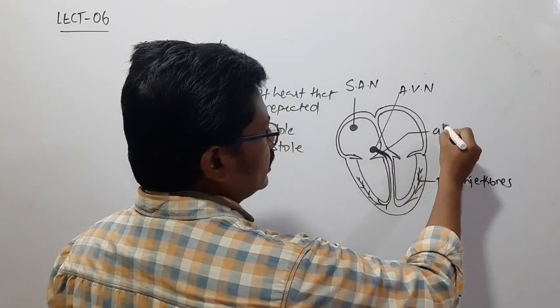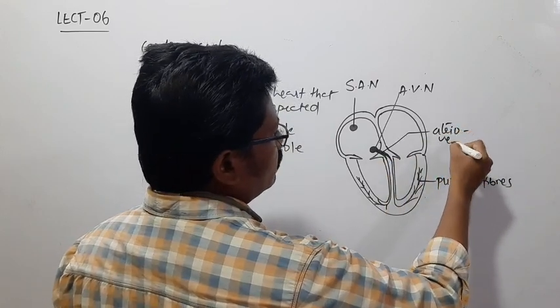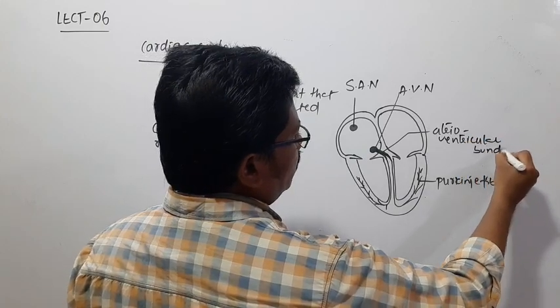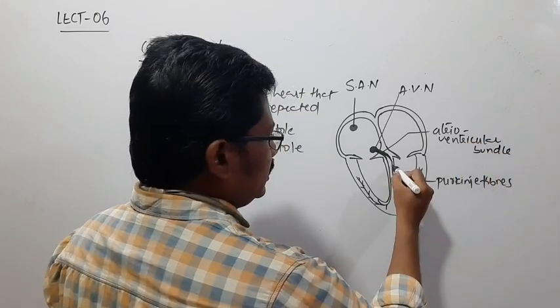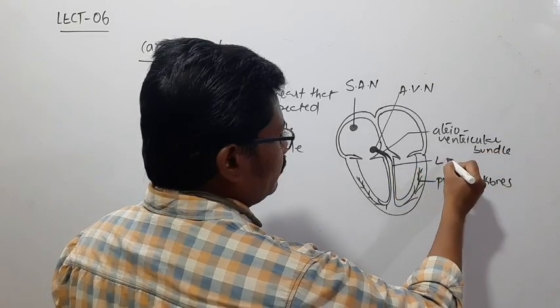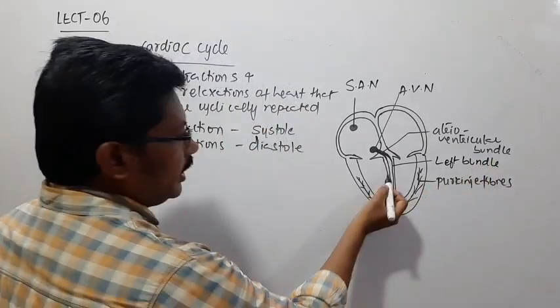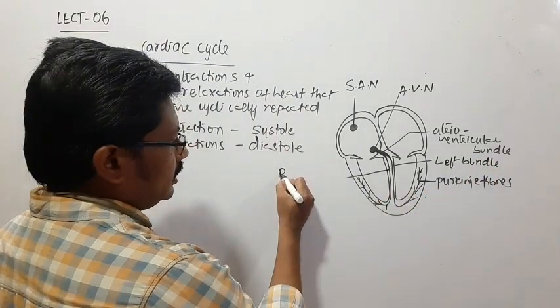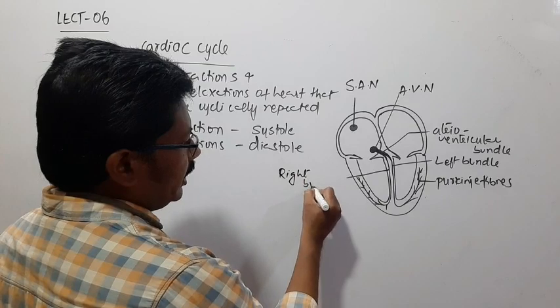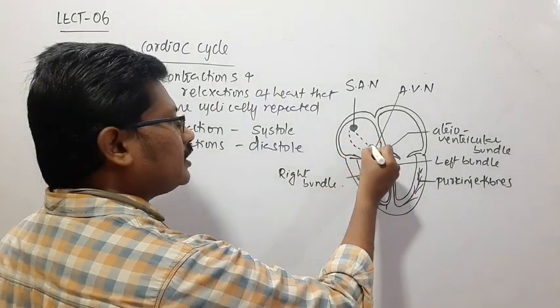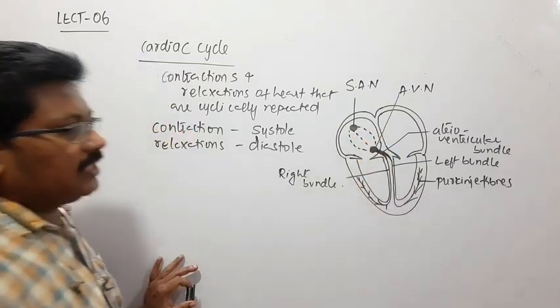This is the atrioventricular bundle, this is the left bundle, and this one is the right bundle, and these are the internodal pathways.